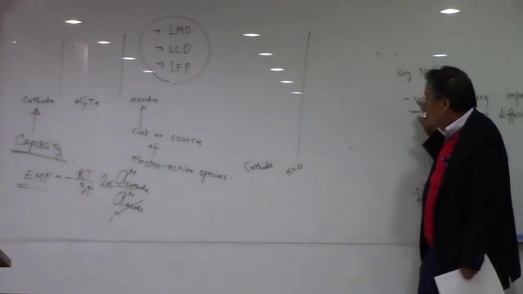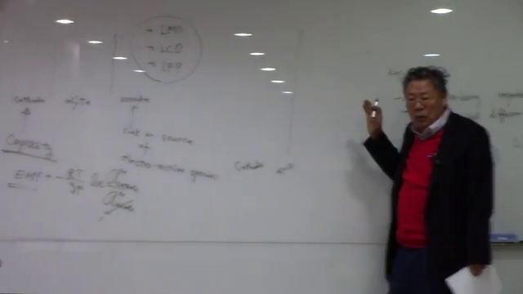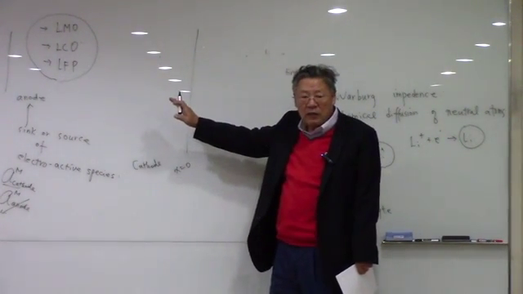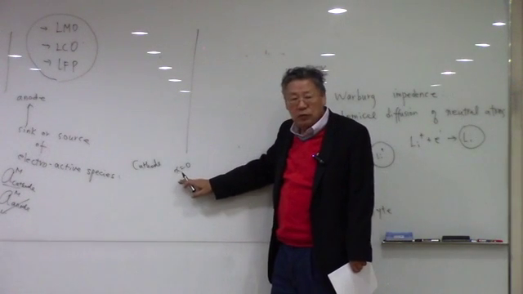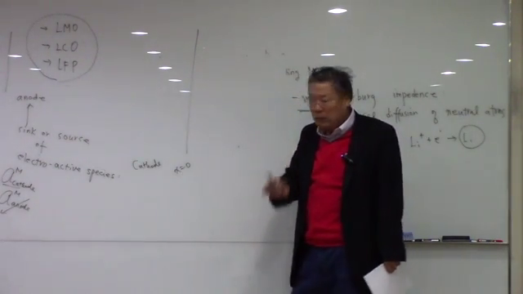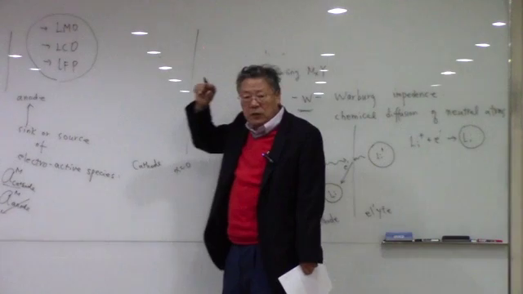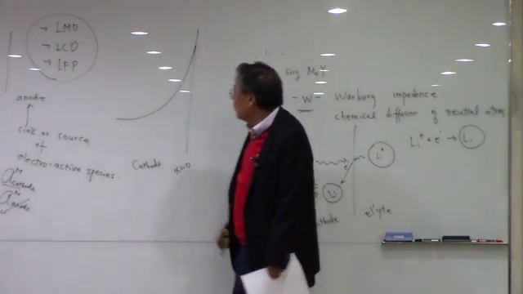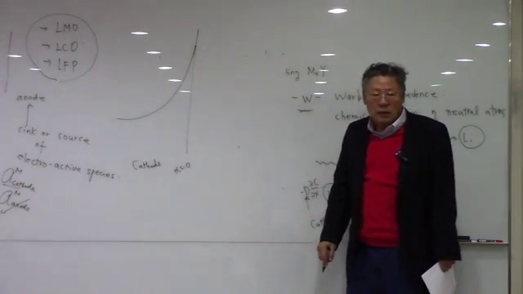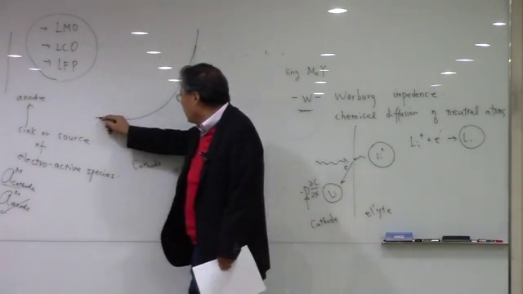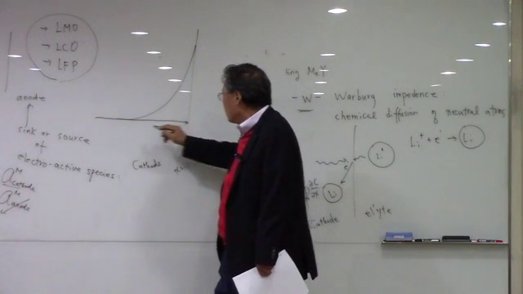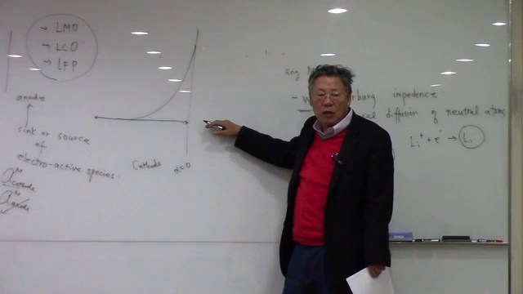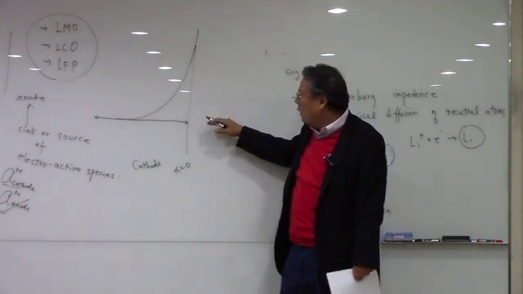When you try to insert the electroactive species into the cathode material, for example, then at certain instants the concentration is going to be like this. Originally it has some concentration of electroactive species at this level in equilibrium.